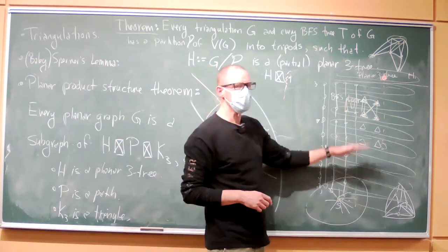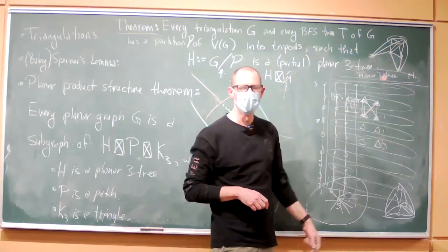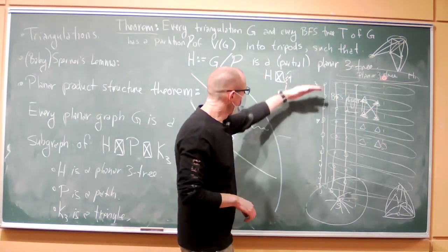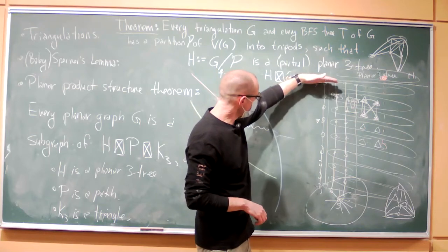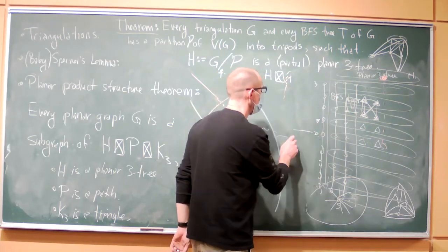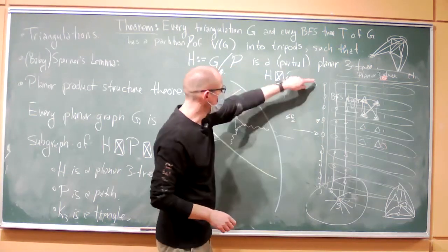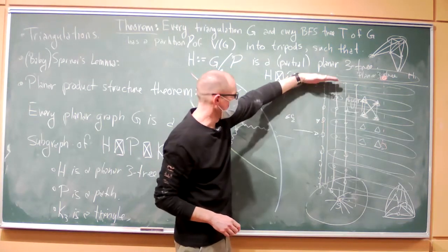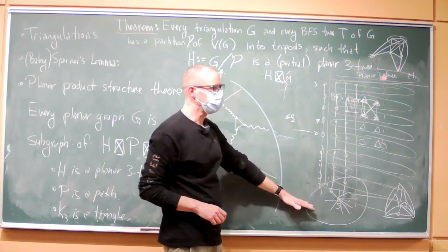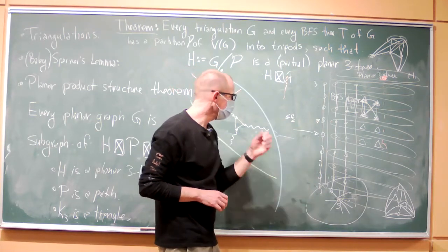This has way more vertices than my planar graph, but somewhere in there, the graph is hiding. So what I can do is walk down the path until I get somewhere where there are less than or equal to n over 2 vertices of my graph up here, and less than or equal to n over 2 vertices of my graph down here.